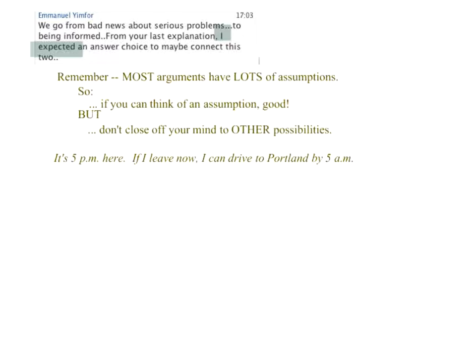What are the assumptions? One way you can find assumptions here is to just directly see what's missing. We've got to connect the 5 a.m. and the 5 p.m. So one assumption I've got to make is that I can actually drive to Portland in 12 hours or less.